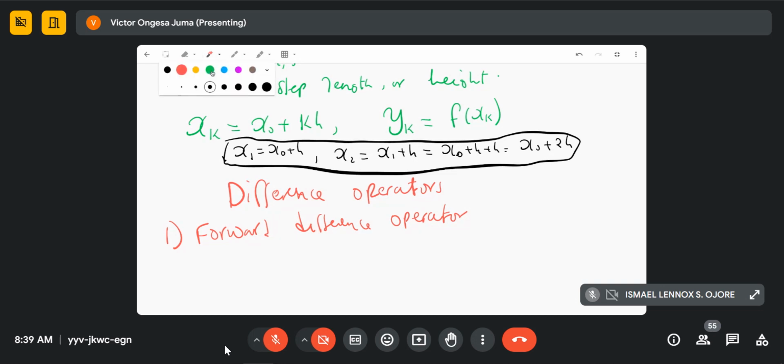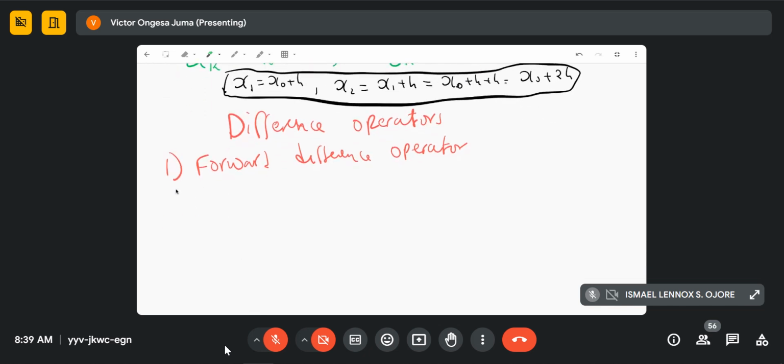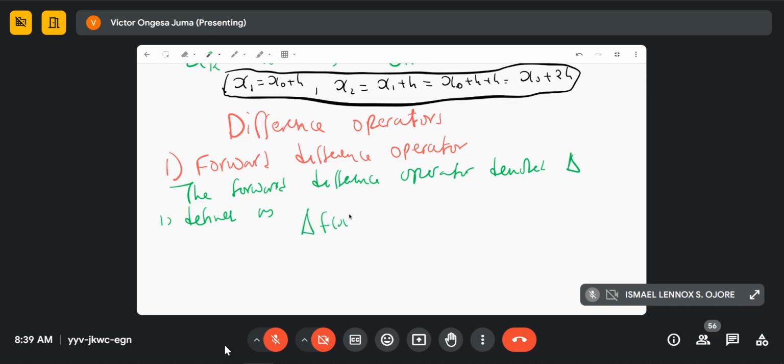So we can say that the forward difference operator, denoted by this symbol, is defined as follows: the forward difference operator of a function f of x is given by f of x plus h minus f of x.